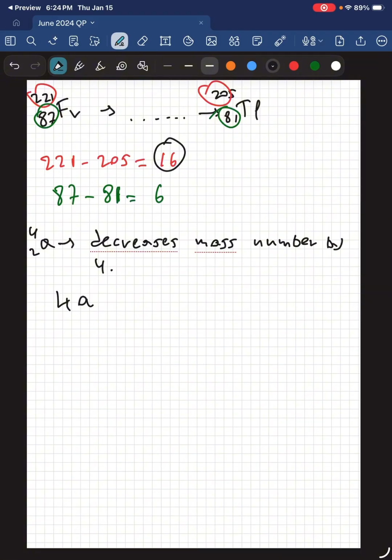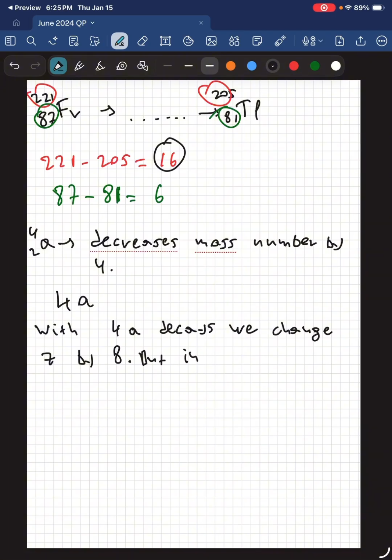But then, with 4 alpha particles, we change the proton number by 8, right? So with 4 alpha decays, we change Z by 8, okay?